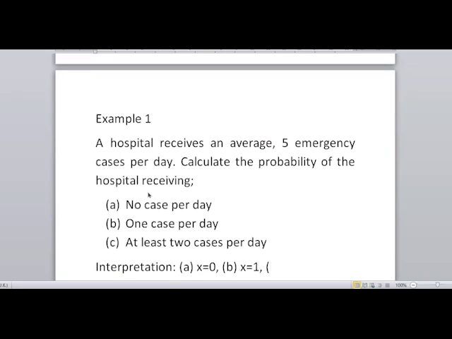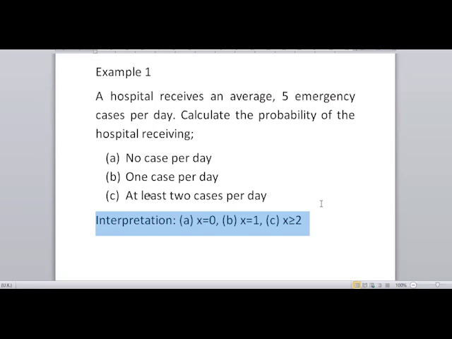For C, X will be equal to or greater than 2. That's what it means. These are the values of X, which will be a random variable.